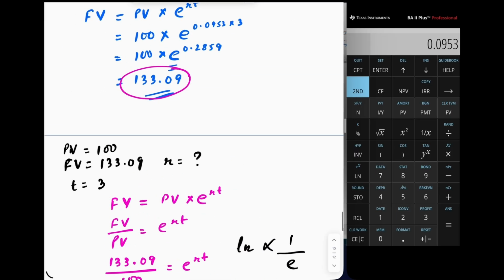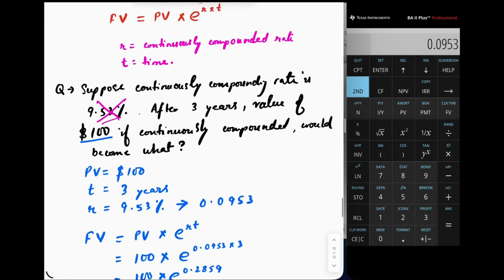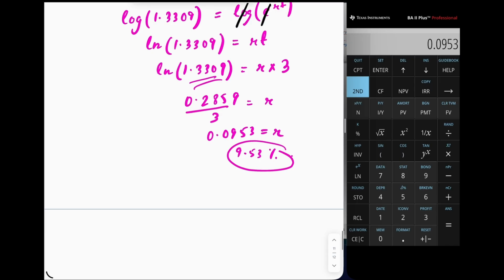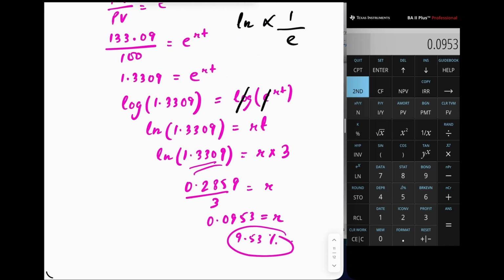Alright. So if you check, it was exactly 9.53. We just used reverse engineering to get our value back. So I hope till this point everything is clear. I have told you what continuous compounding exactly is, from holding period to continuous, from continuous to holding period.